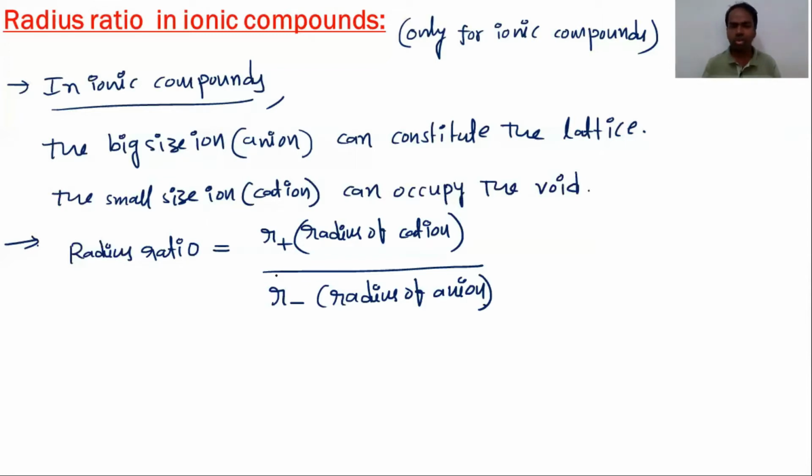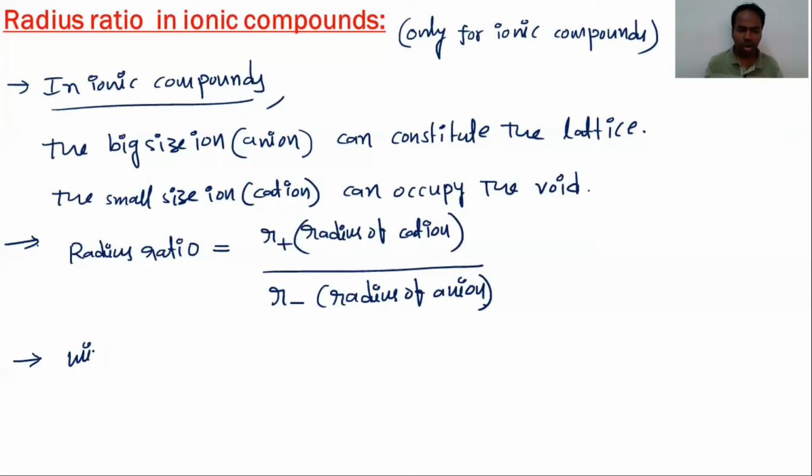Then what is the use of this radius ratio? With the help of radius ratio, we can predict the most probable arrangement of ions in an ionic crystal. That means we can predict the structure of ionic compounds and the arrangement of ions. Otherwise, from this radius ratio, we can predict which type of voids are generated in ionic crystals.